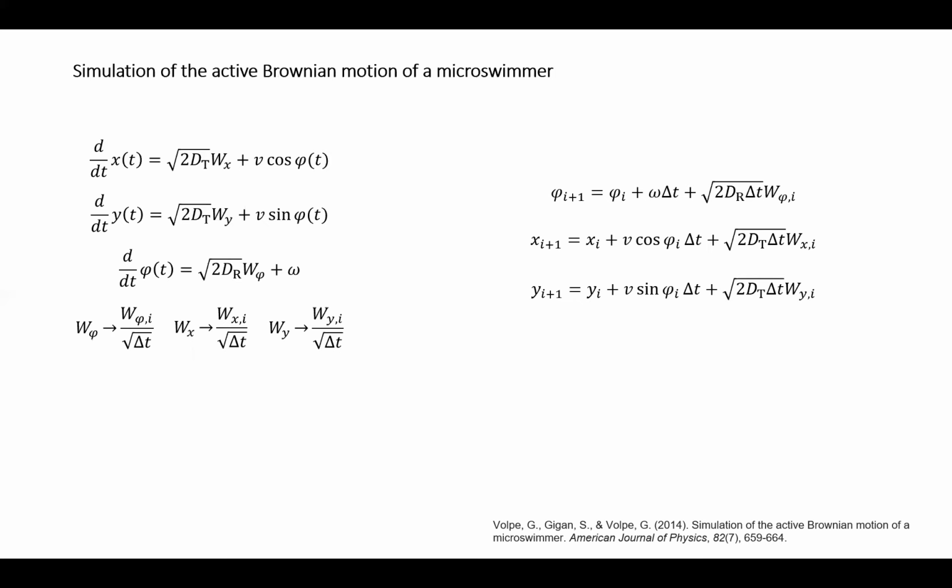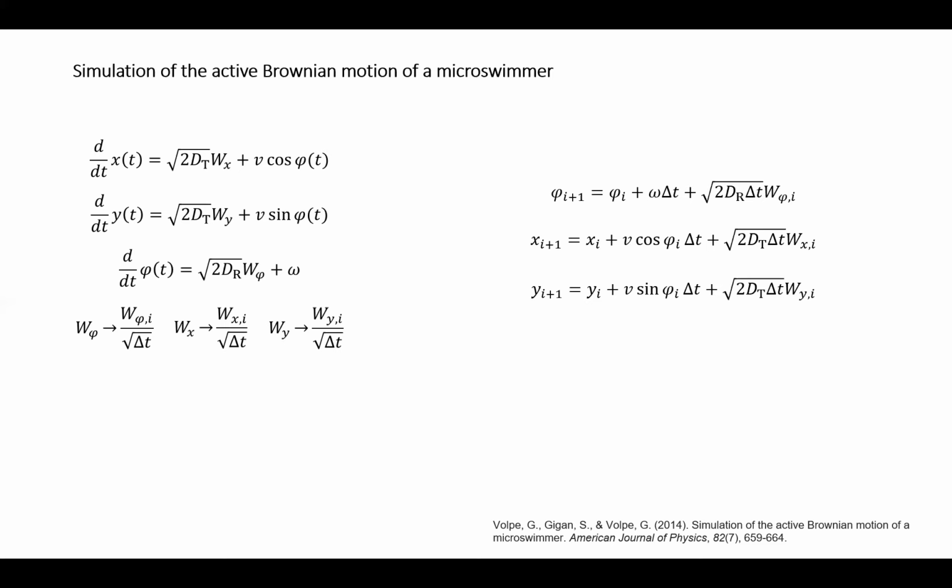So these are the corresponding difference equations. Just like the ones in the Brownian motion lecture, what we have additionally here is a swimming term in the X and Y difference equations. And we have over here a chirality term. This might often be 0 if the particle is not chiral. And I also have a rotational diffusion term here.